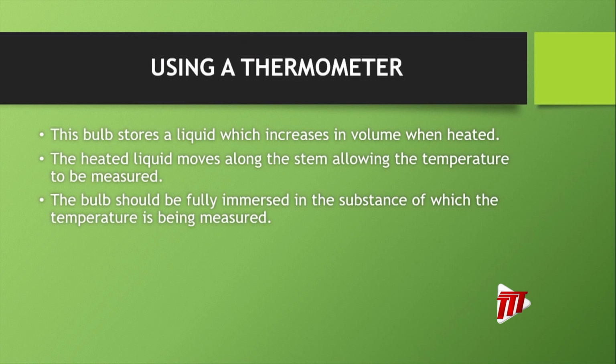So when we are using a thermometer, the bulb should be fully immersed into the substance which the temperature is being measured. What that means is that the bulb needs to be completely inside of what it is. So if it's a jug of water, the bulb needs to be completely covered inside that water.